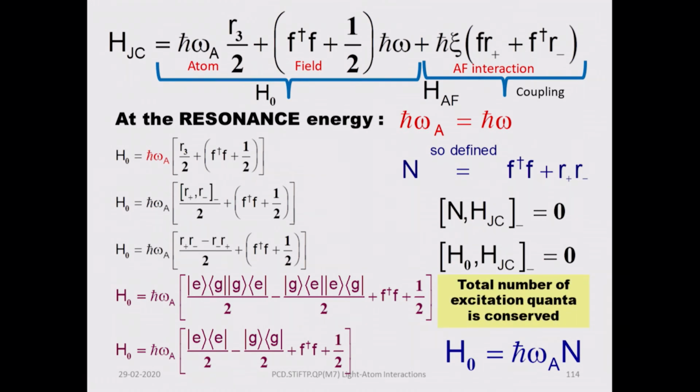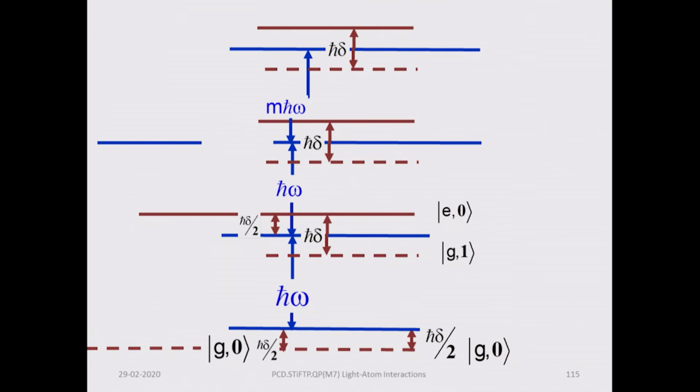So, the total number of excitation quanta is conserved, because the energy is either in the atom or in the field. It cannot be in both. So, this is the larger picture as I mentioned. So, you have got these states which have different number of field quanta.